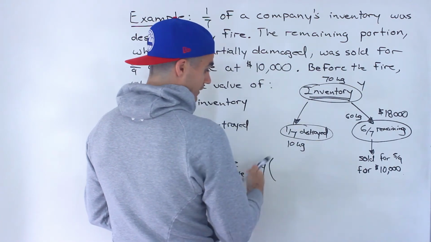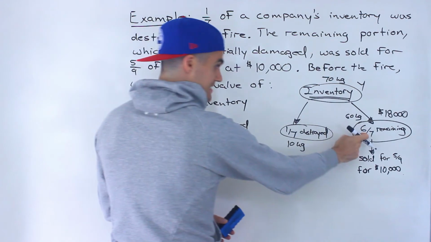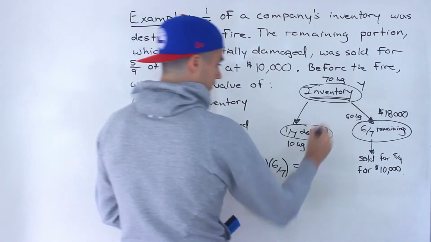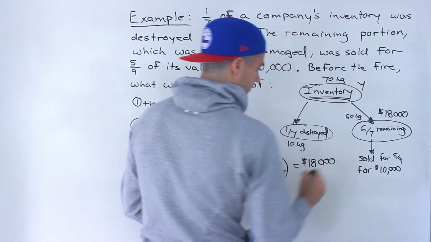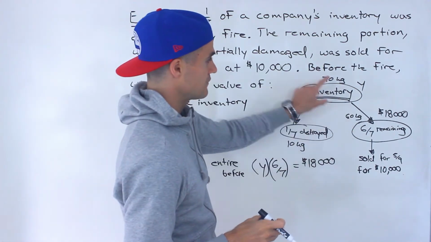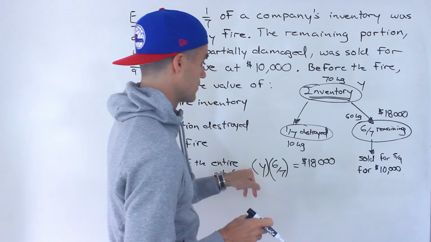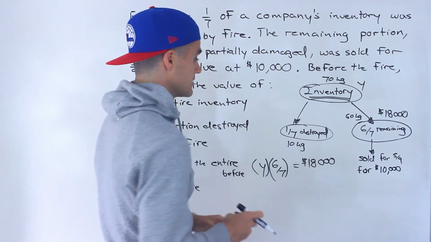The value of the entire inventory before the fire, well, 6/7 of that is worth 18,000, because this portion is 6/7 of this, and before the fire, this portion was worth 18,000. So the entire inventory times 6/7 is 18,000.